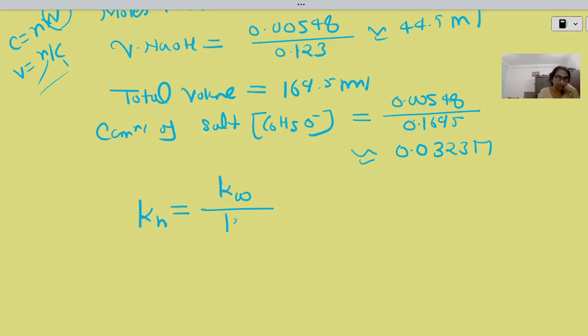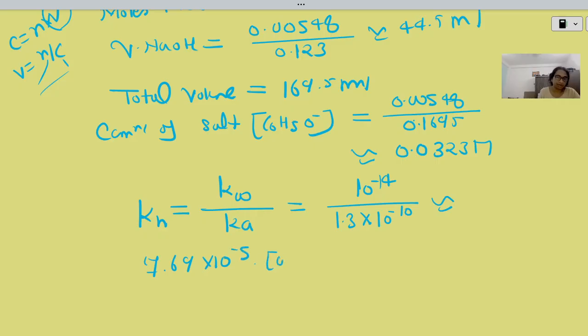Ka is given in our question, 1.3 into 10 to the power minus 10, and Kw is 10 to the power minus 14. After the calculation we will get approximately 7.69 into 10 to the power minus 5.